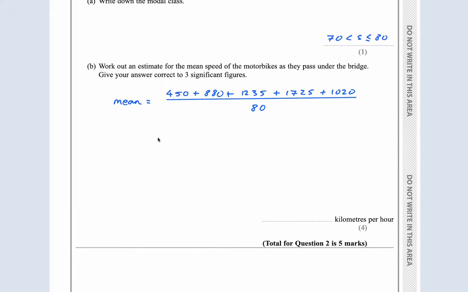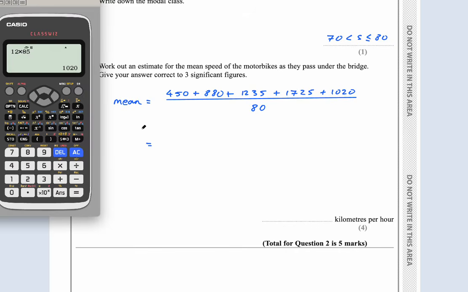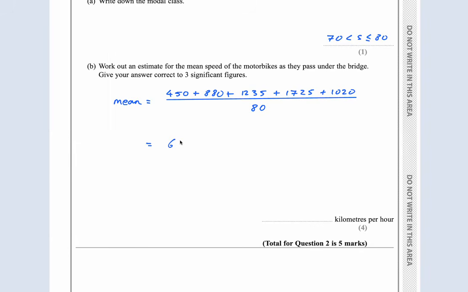So the mean is 450 plus 880 plus 1235 plus 1725 plus 1020 all over 80, which is 66.375. 3 significant figures is 66.4. You go 1, 2, 3. This is the third significant figure. Look to the right, it's 7, so we have to round up. So it's 66.4.